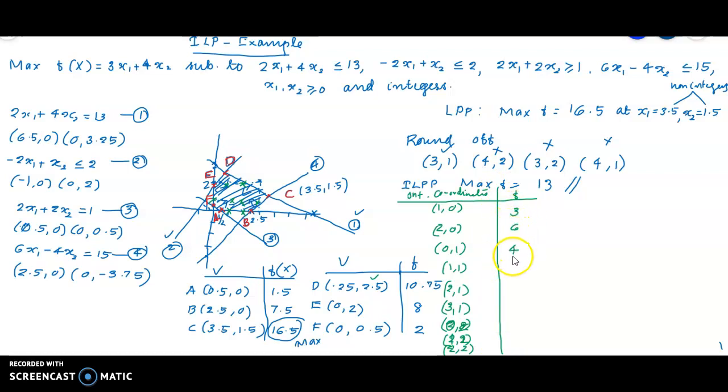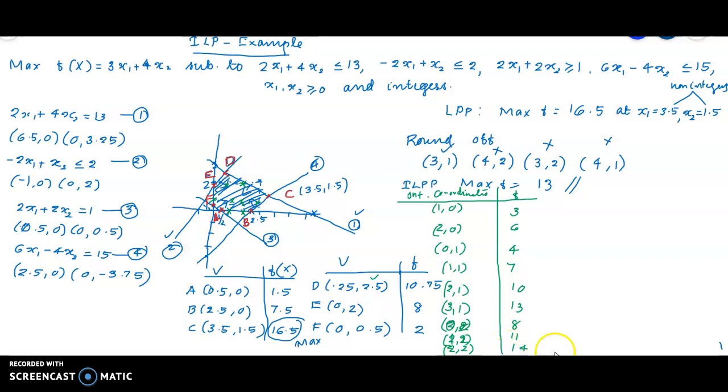For 4x2, the value is 4. 3 plus 4, 7. 6 plus 4, that is 10. 9 plus 4, that is 13. (0, 2) will give 4 into 2, 8. (1, 2) will give 3 plus 4 into 2, 8, 3 plus 8, 11. (2, 2) will give 3 into 2, 6, plus 4 into 2, 8, 6 plus 8, 14.